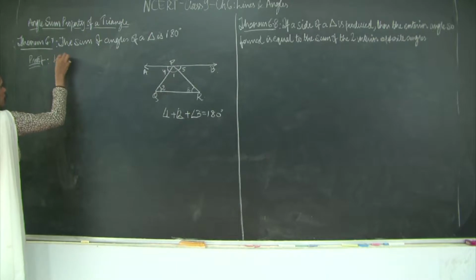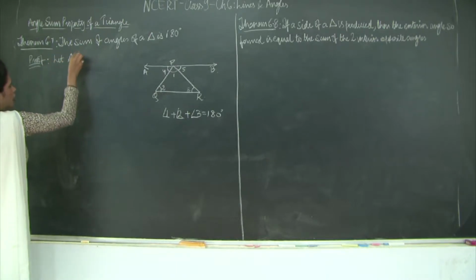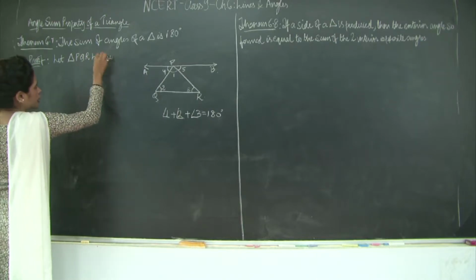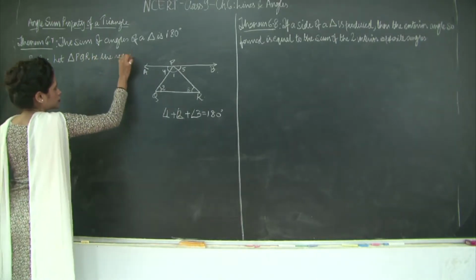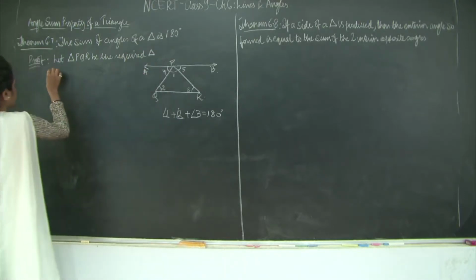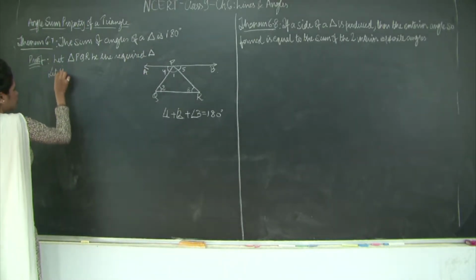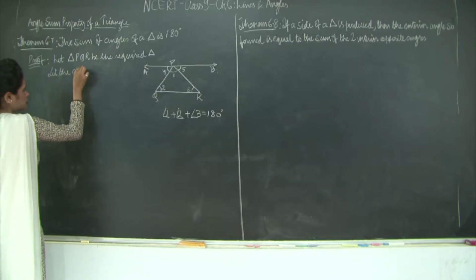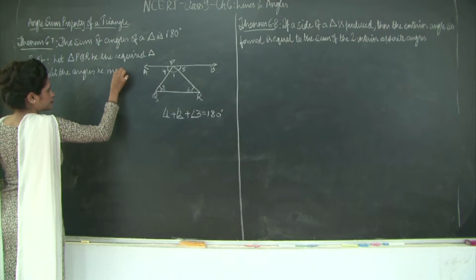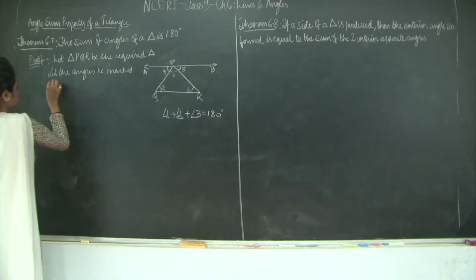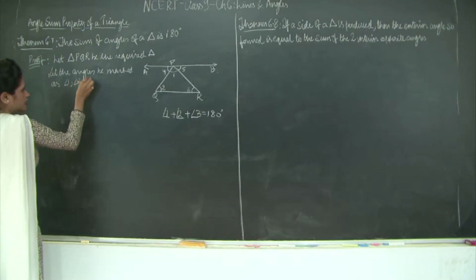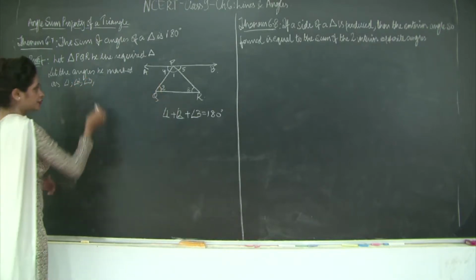Let triangle PQR be the required triangle, let the angles be marked as angle 1, angle 2, angle 3 as shown in the figure.